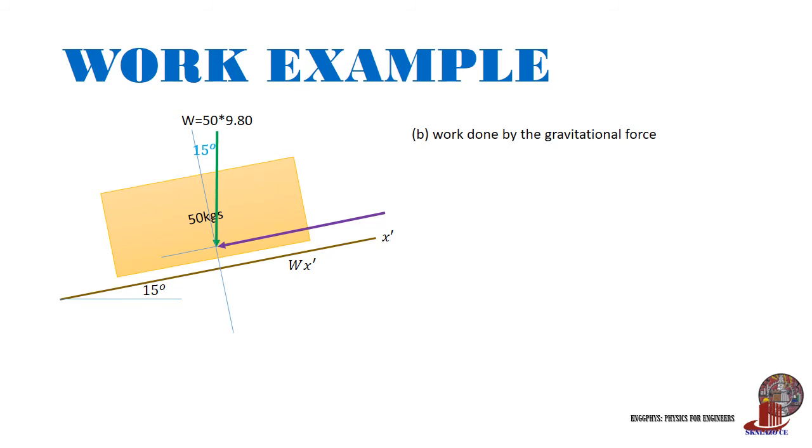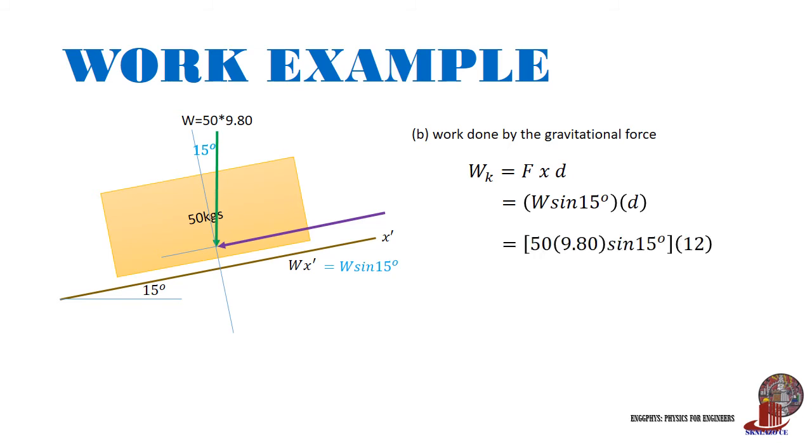And again, from previous discussion in vectors, we can find Wx prime as the weight W multiplied by sine of the angle, or 15 degrees. So work as F times d will be W sine 15 degrees times d. And plugging in the digits, we have 50 times 9.8 times sine of 15 degrees multiplied by 12, or 1,521.86 joules.